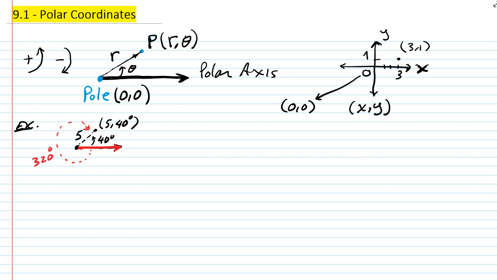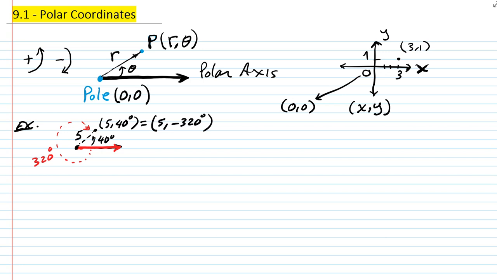Therefore, I can write the same point using 5 comma negative 320 degrees, because remember, if the rotation is in a clockwise direction, the measure of the angle is assumed to be negative. Okay, so there you have that one.